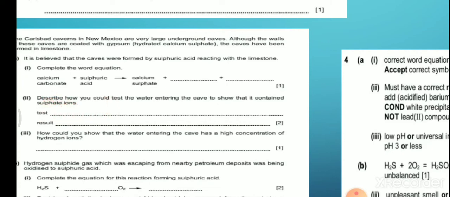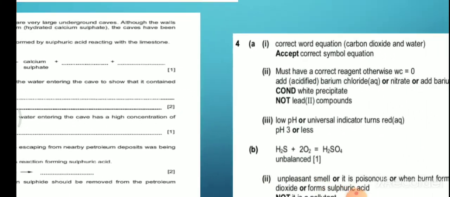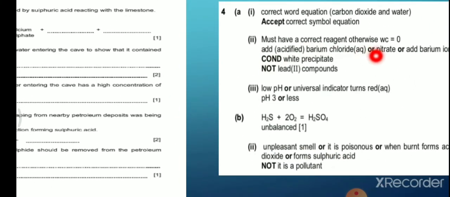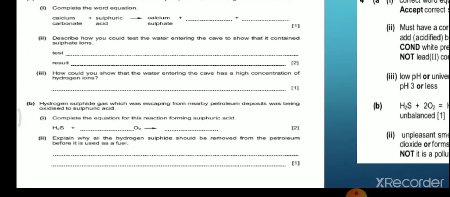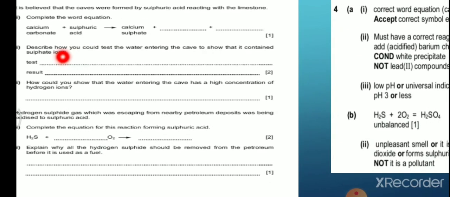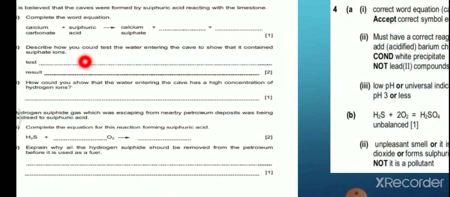You should take acidified barium chloride or barium nitrate. In this line you write the test, acidified barium chloride or barium nitrate, and in the result you should write that a white precipitate is formed.